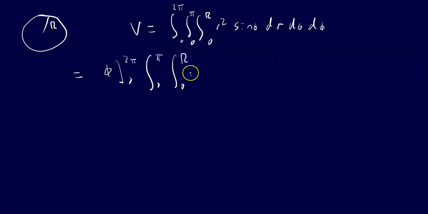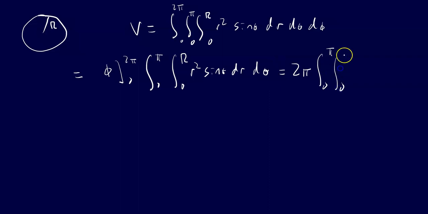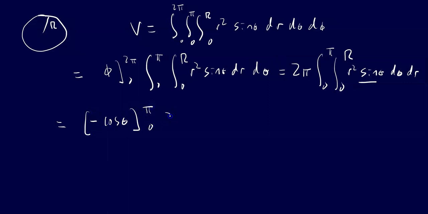And the rest of our pieces here. This will just give us a factor of 2 pi from that first integral. Next, I'll go ahead and do the theta integral. That's just a sine theta, and that's going to give me negative cosine theta evaluated from 0 to pi, times our 2 pi and our r squared, which we haven't done yet.